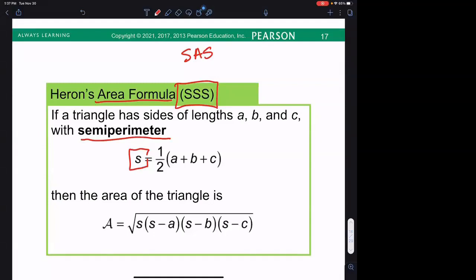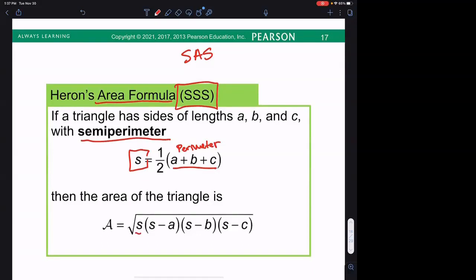And so this is the perimeter, A plus B plus C. And then to get the semi-perimeter, you just divide that by 2 or multiply by 1/2 or whatever you want to call it. So if you take 1/2 of the perimeter, if you get the semi-perimeter, then that, along with the 3 sides, gets plugged into this area formula down here.